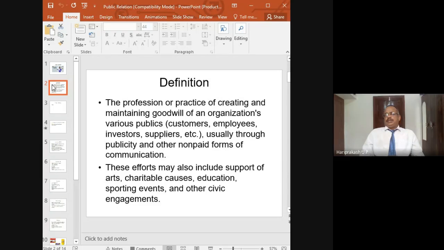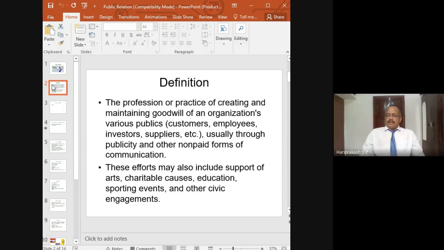So here the main objective of public relation is to create goodwill, a good name about the organization. It is not only targeting the customers, but till now we have been seeing all the different forms of promotions, which target the customers.